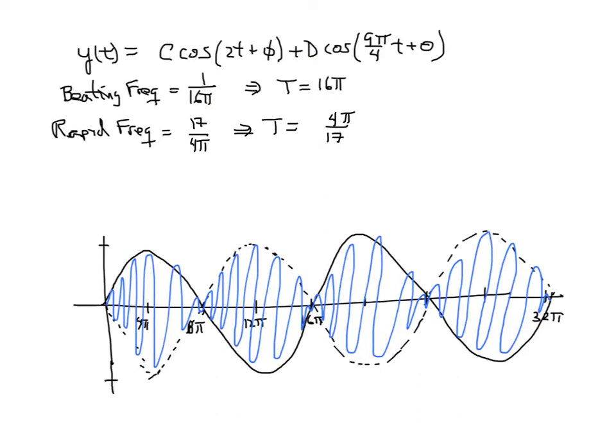and so you'll see that I have drawn a graph, and I've indicated it's sloppy as can be, but here's 16 pi. And so this is 4 pi, 8 pi, 12 pi, 16 pi, and I've done 2 periods of it, all the way up to 32 pi. The first thing I did was I laid in my beating structure.